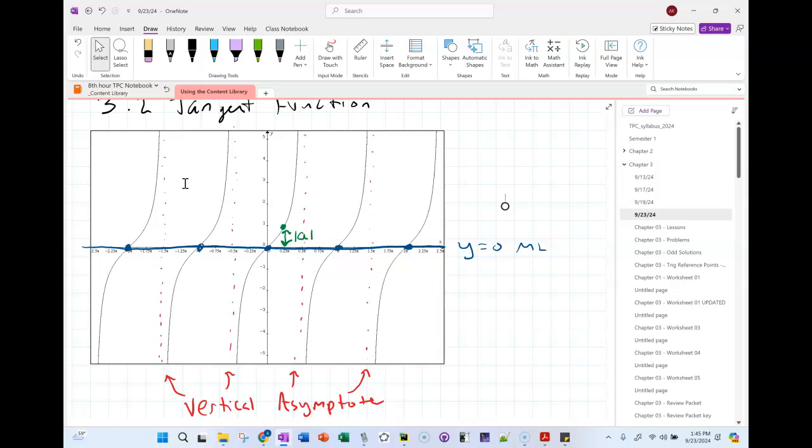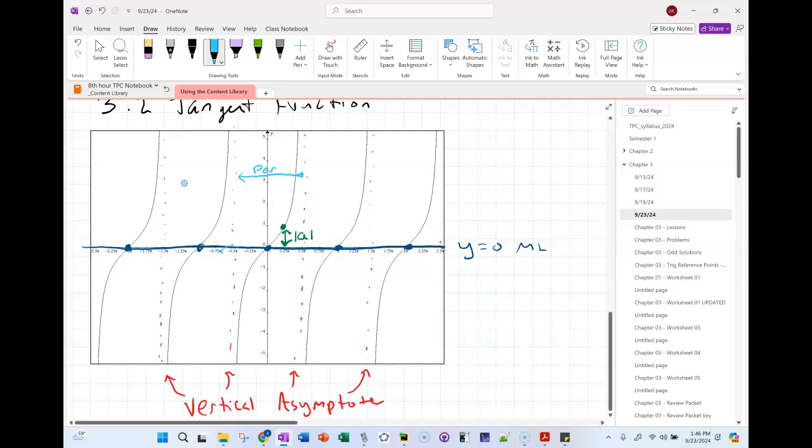Remember, the period is the length of one full cycle. Each cycle of our tangent starts at a vertical asymptote and ends at another vertical asymptote. So our period can just be the distance between any two adjacent asymptotes.